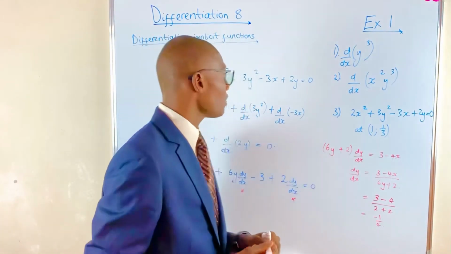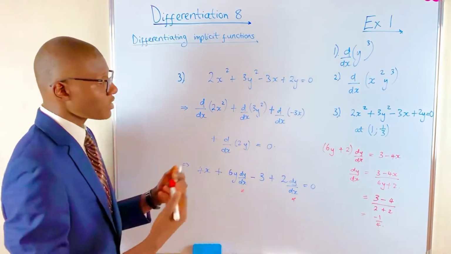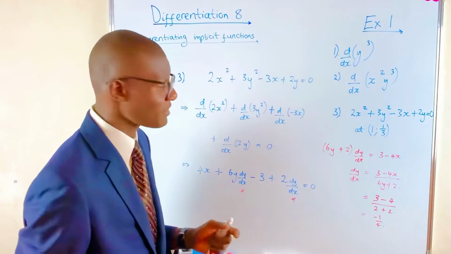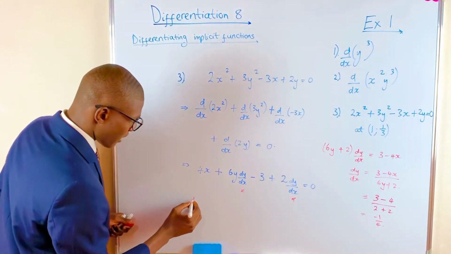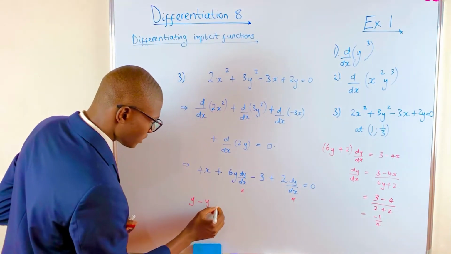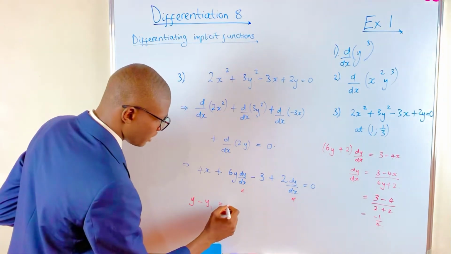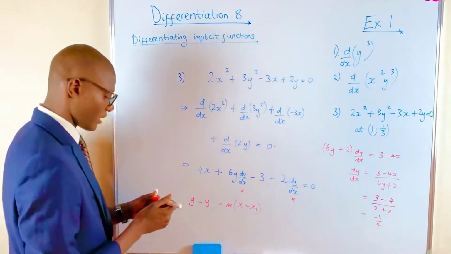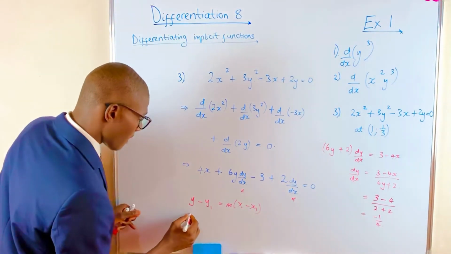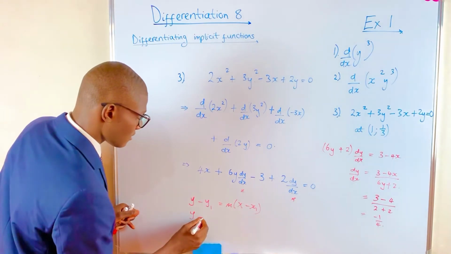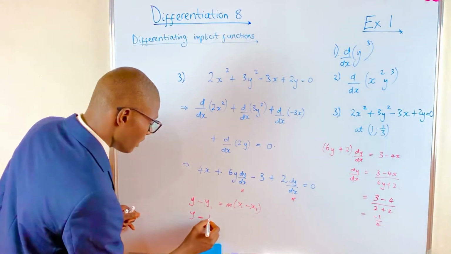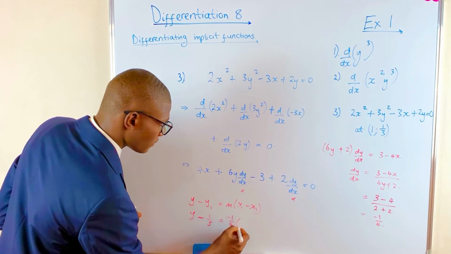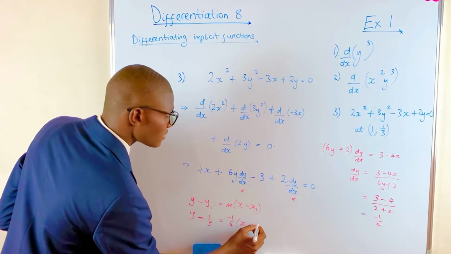So now to find the equation of the tangent, we shall simply use y minus y naught equals m times x minus x naught. So now we say y minus y naught, that's 1 over 3, is equal to m, which is minus 1 over 4, times x minus 1.